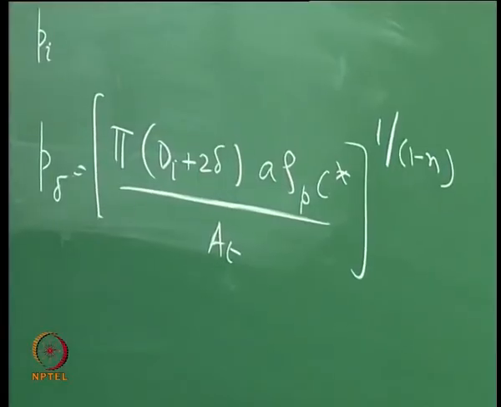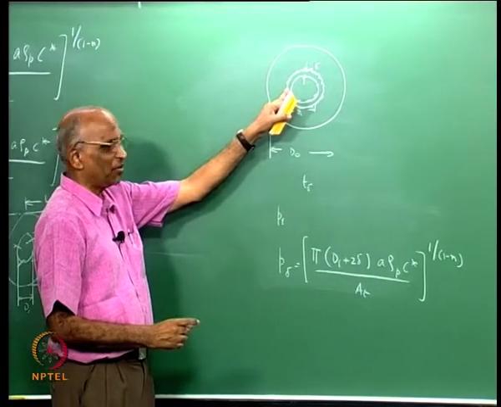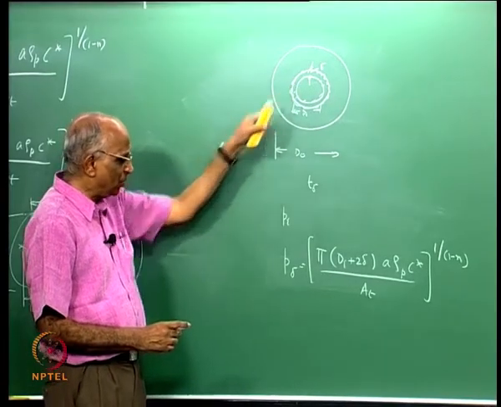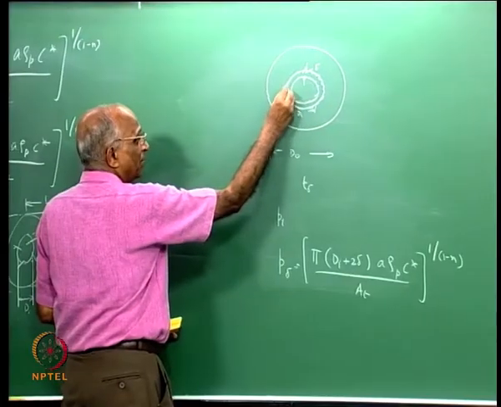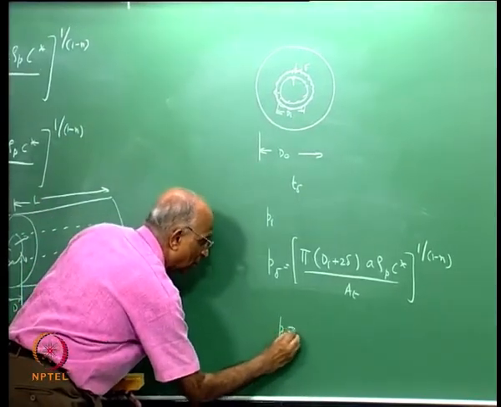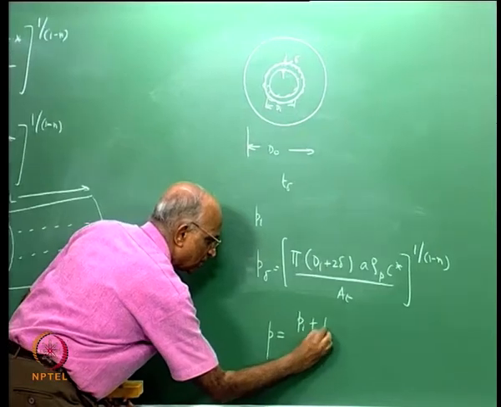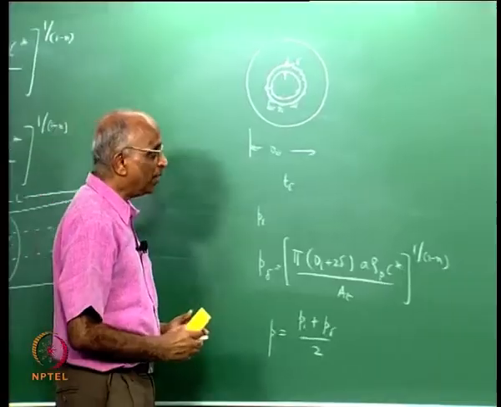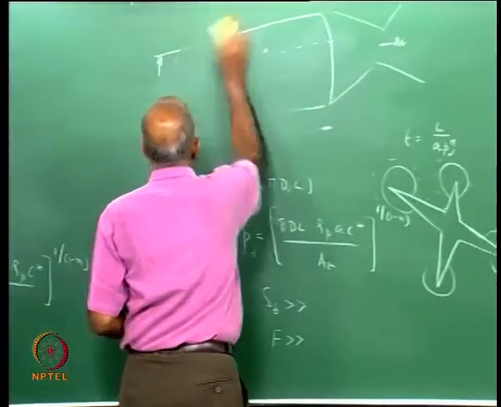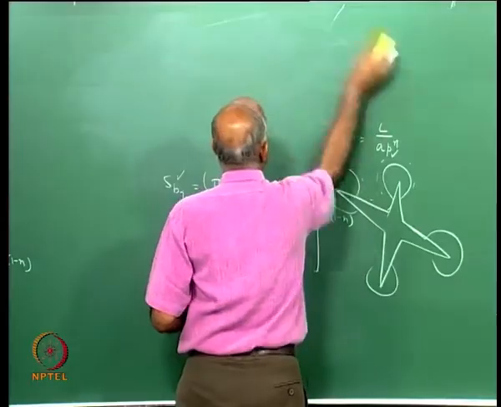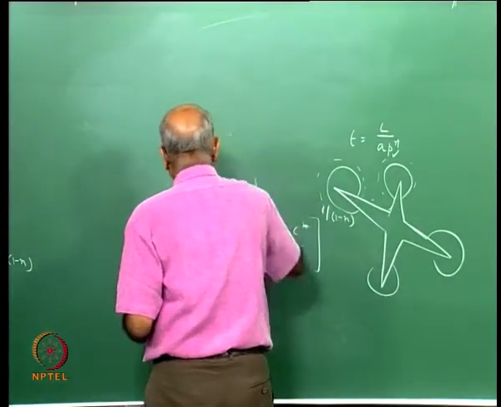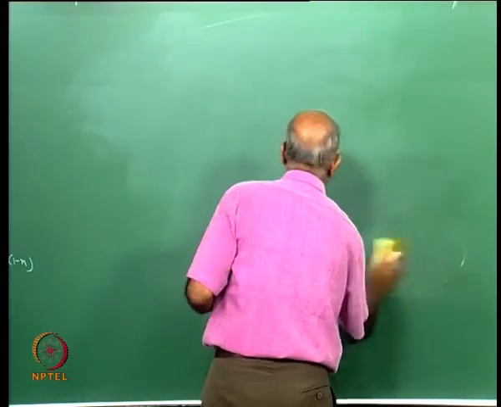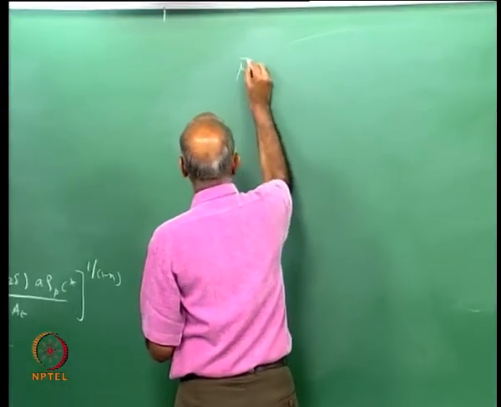That means I know the value of pressure at this point, and I know the value of pressure at this point. I want to know the time taken for delta of the propellant to get consumed. Therefore, the mean pressure between this and this is P equal to P_i plus P_delta divided by 2, and therefore the mean burn rate from d_i to d_i plus 2 delta is equal to r bar, the mean value.